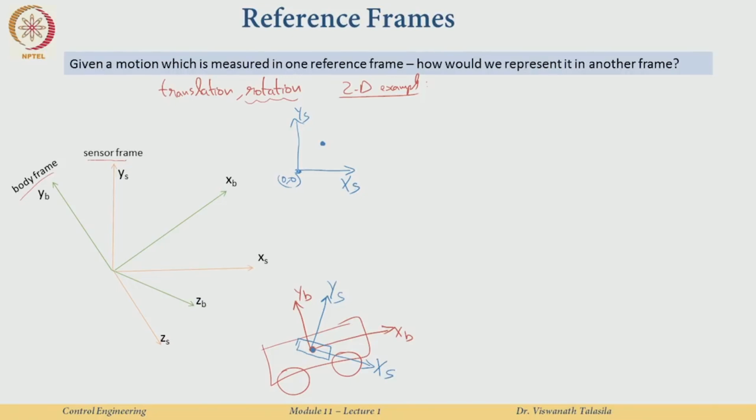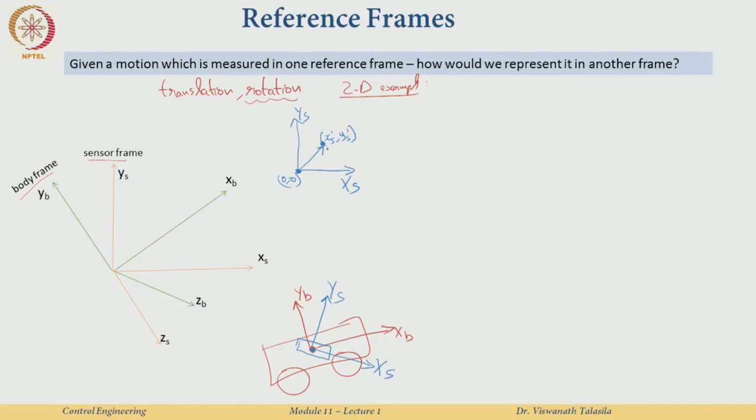Any point here is a measurement with coordinates xs1 and ys1. What is xs1 and ys1 with respect to the origin? It is simply a vector, basic high school physics. So, this is the measurement which is done.